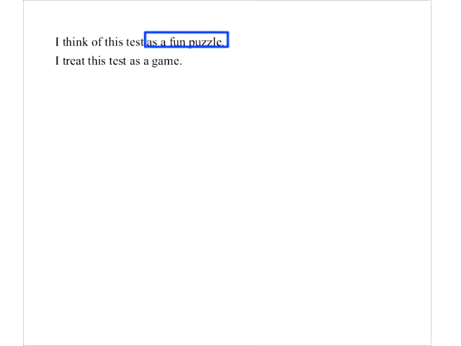So here's a couple of other examples of that. Like if you have, I think of this test as a fun puzzle. I treat this test as a game. So, I mean, these are both describing not the test itself so much as the way I think about it or the way I treat it.